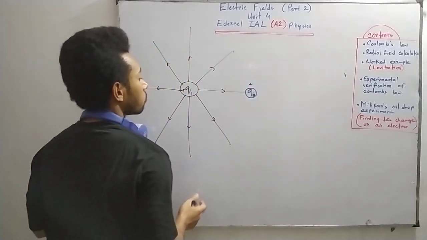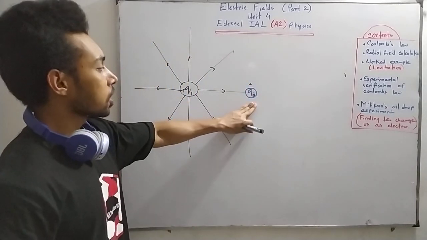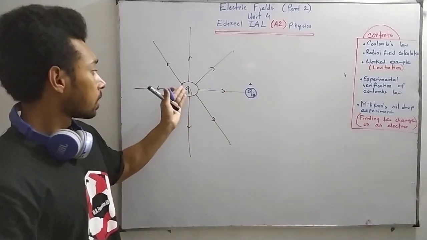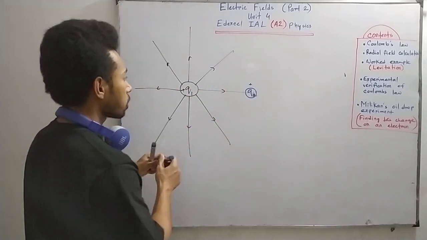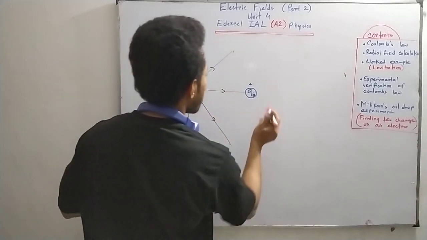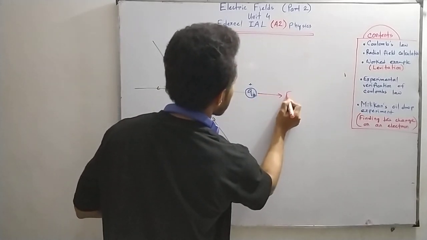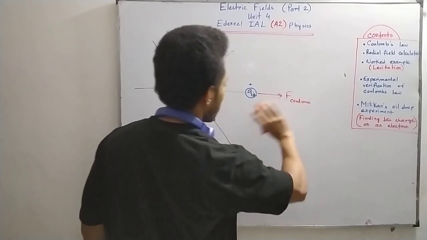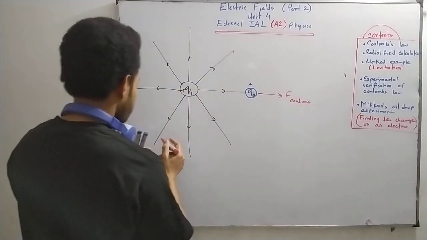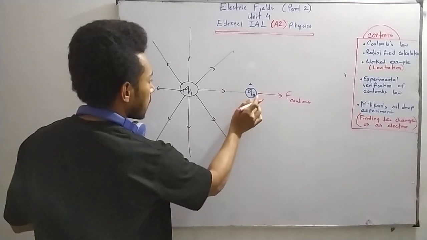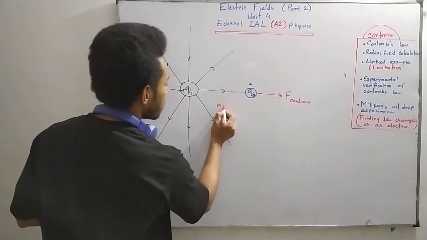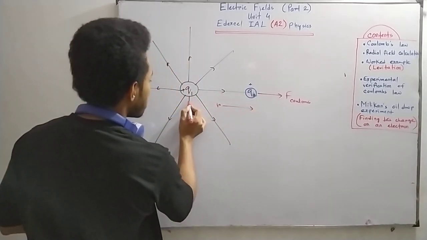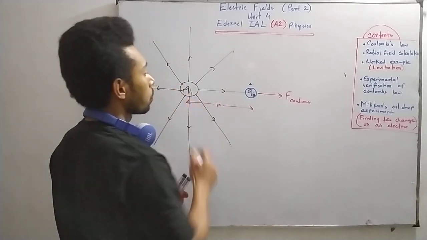So the charged particle will be repelled by this one, so it will experience a force F in this direction, and we can call it F Coulomb. Suppose the particle is a distance r from the Q1 charge.